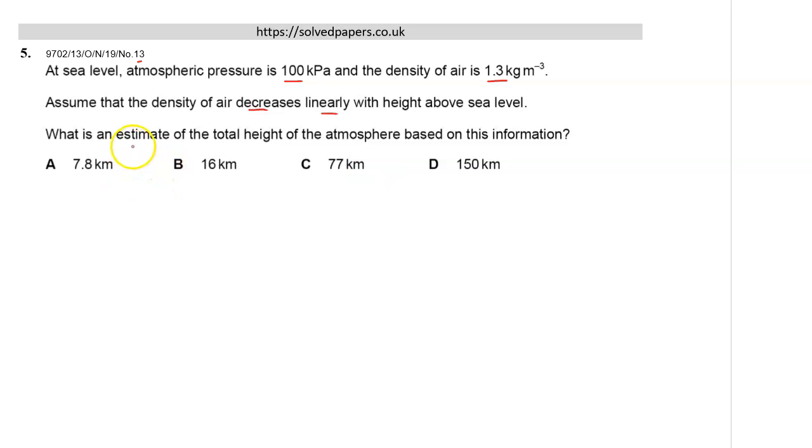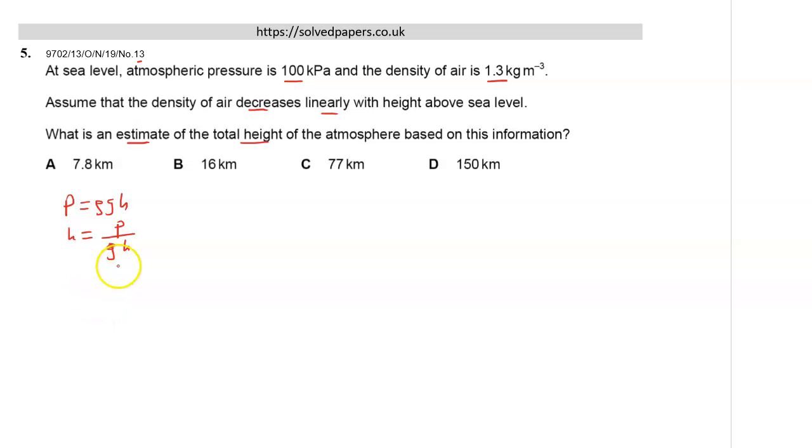Of course, we know that pressure is equal to rho g h, and we want h. So h is equal to pressure divided by rho g.